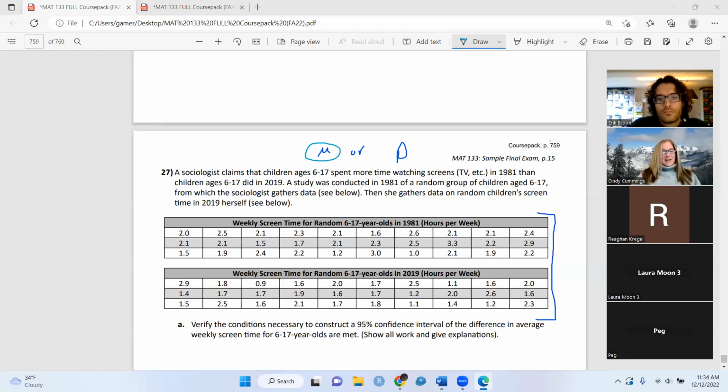I'm going to write that down. So it's always going to be a mean if you see data. Then you have to figure out which kind of mean. This is independent, and if you see the differences, that'll be dependent.